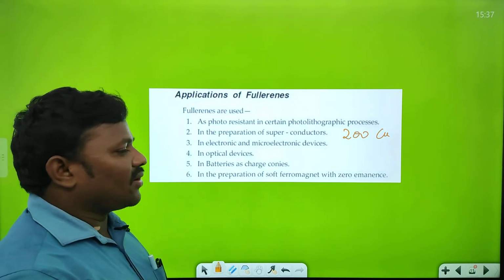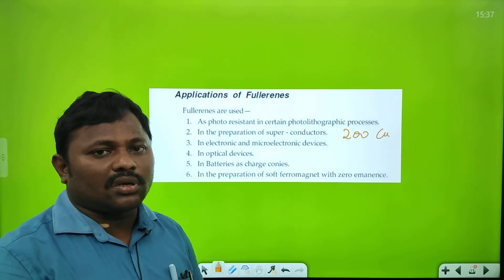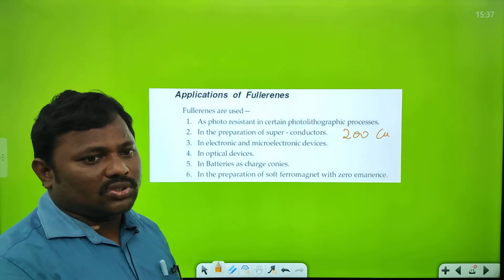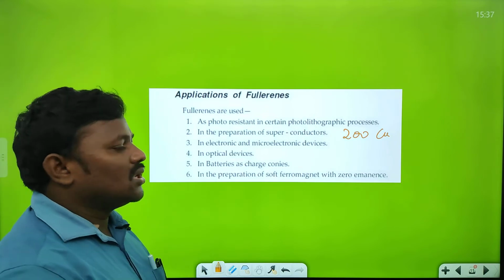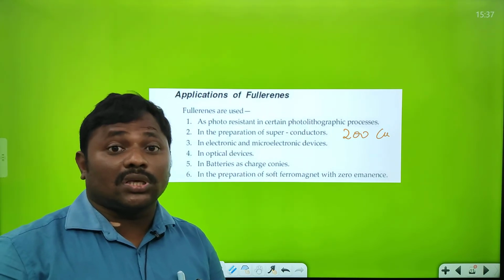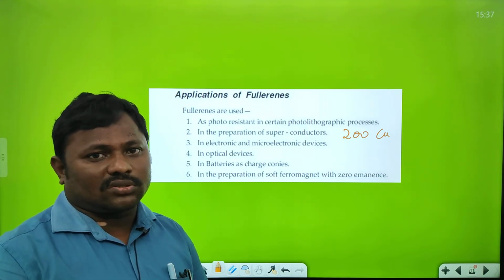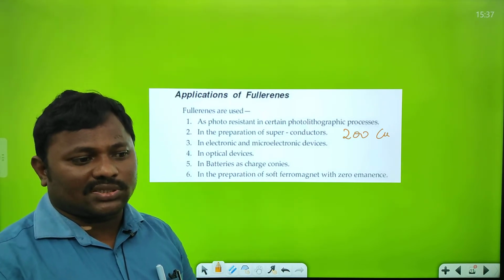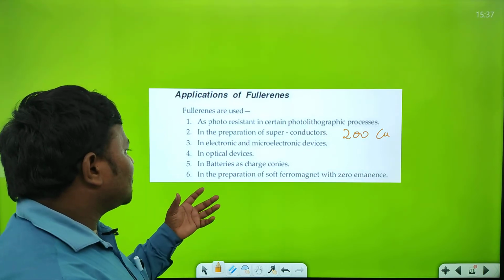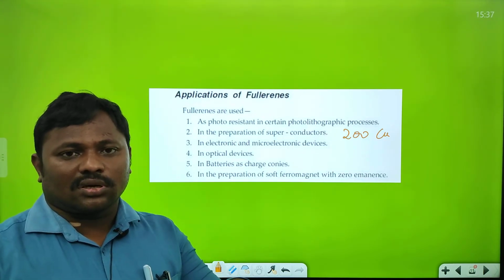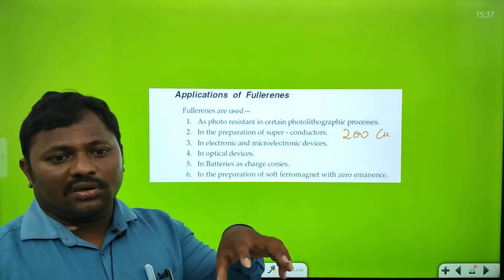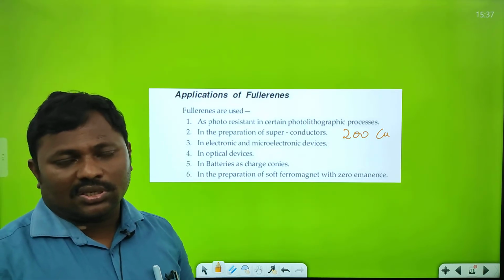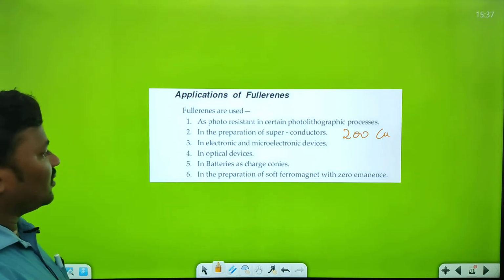In optical devices also. It is used in optical devices by collecting information from certain distances where persons cannot go, like inside the human body, to identify some of the things and organs and take pictures. We use optical devices for all these.